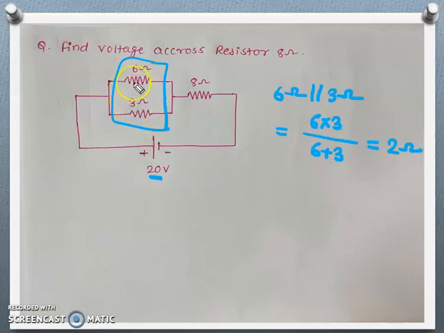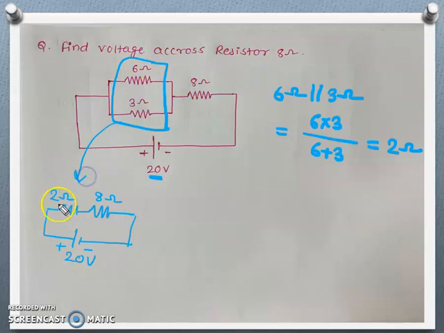So the equivalent resistance of the parallel combination is 2 ohm. Let's redraw the circuit again. This is 2 ohm and this is 8 ohm across the 20 volt supply. This is the plus and this is the negative end. The equivalent of this is 2 ohm.